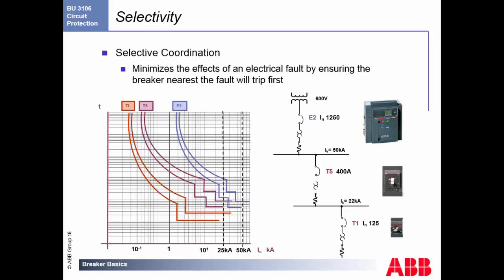As we alluded to before, selective coordination minimizes the effect of the electric fault, ensuring that the breaker closest to the equipment is the first to pop. So in this typical example, you're going to have a large breaker that's taking in the power from the utilities or from your branch. We have a secondary that might have a couple of sub-branches coming off, such as the T1s going over here, where you have only 125 amps coming in, and maybe you have another one at 125 amps.